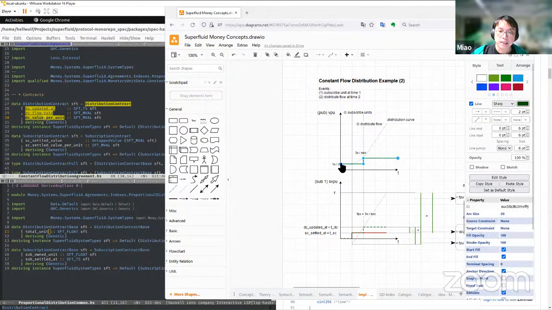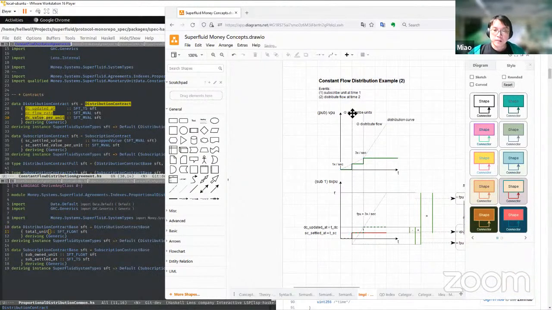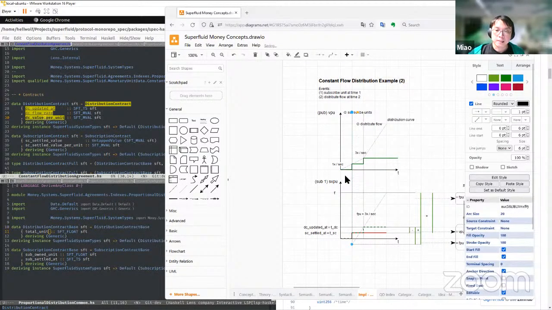In fact, this is a bit inaccurate, unfortunately. It's probably like this. So when subscribe unit happens, the VPU jumps to the correct value, the underlying distribution curve, right? So it goes to the correct points.